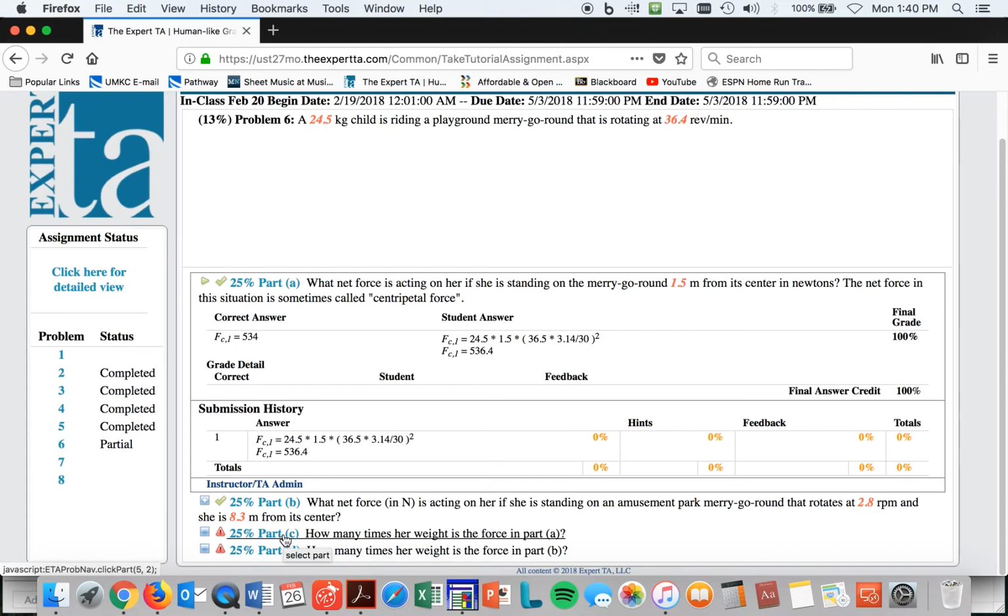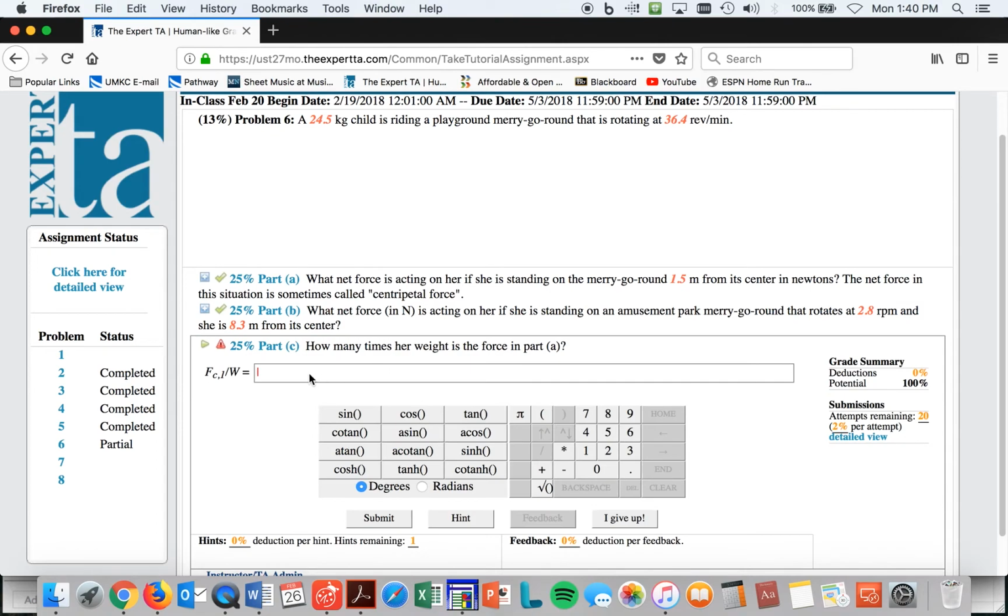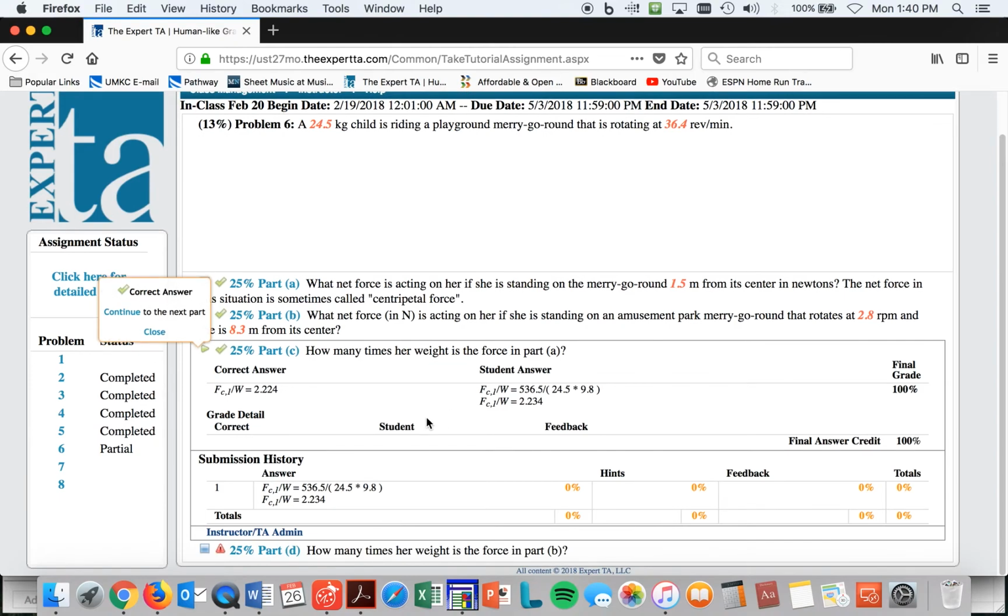Take 536.4, that's her force, divided by her weight, which is mg, 24.5 times 9.8. Close the parentheses. What did we get? 2.234. And then you do the same thing for part D.